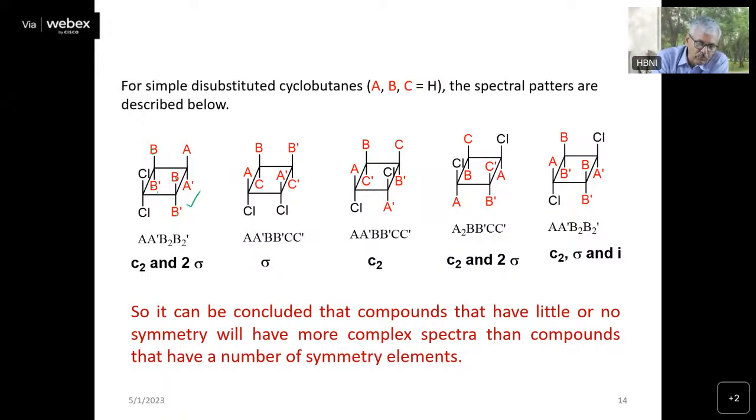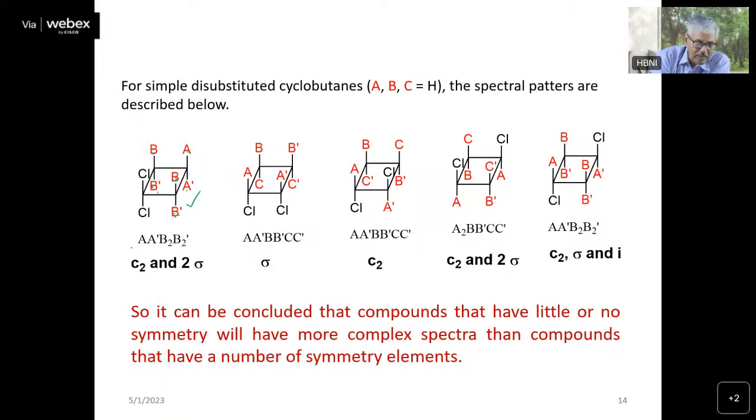But these two B's are chemically equivalent but not magnetically equivalent. Similarly, these two A's are chemically equivalent but not magnetically equivalent.